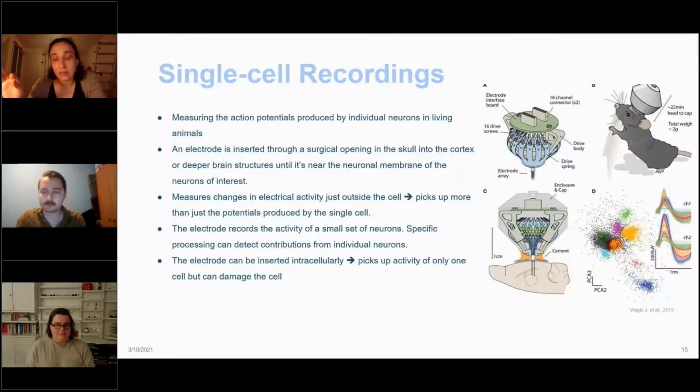Or we can leave it right outside, but even if it's very close to a neuron, it's going to pick up activity from many neurons. So after the recordings, we should do processing to determine which spikes belong to each neuron. That's it about single cell recordings. It's widely used for memory purposes, and it's a powerful technique.